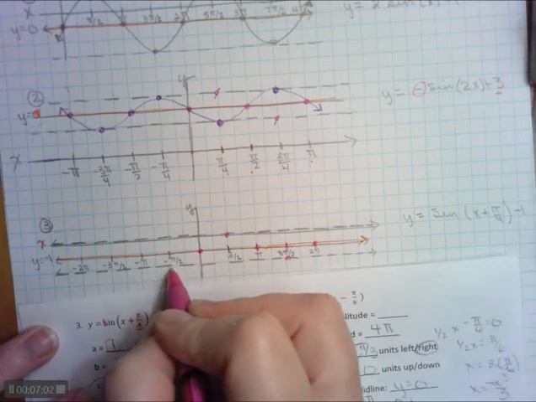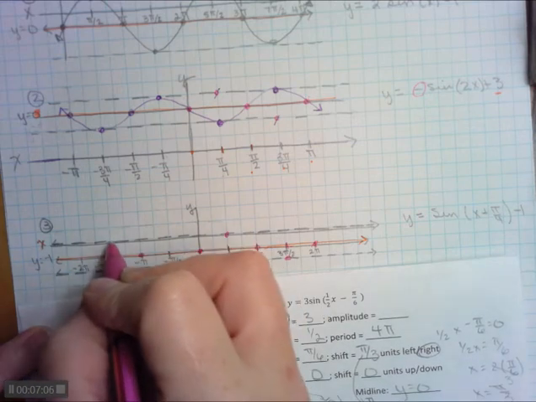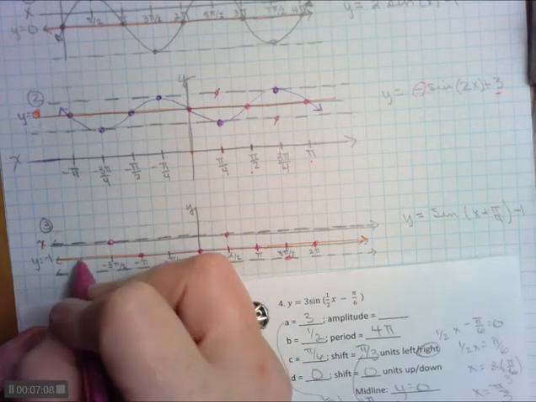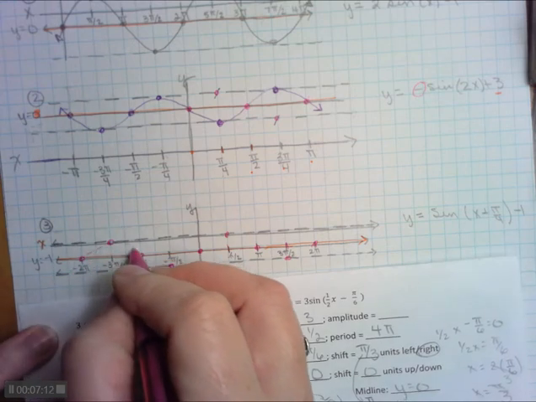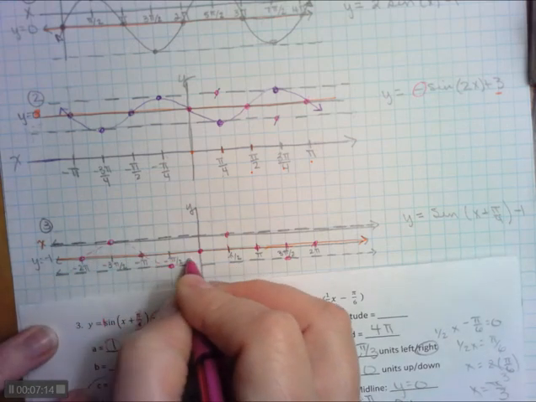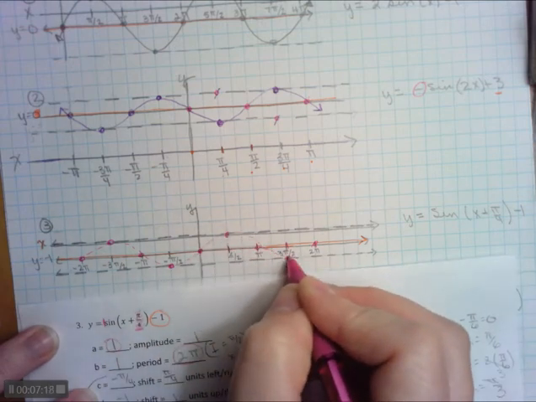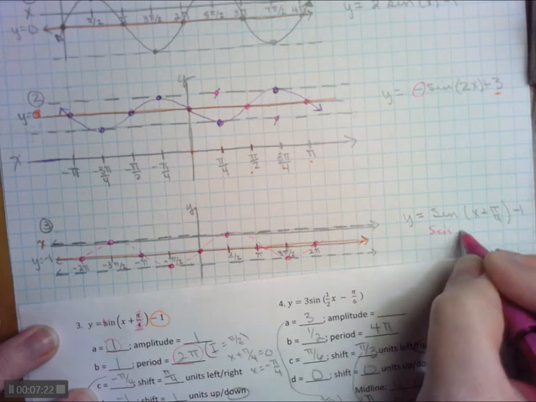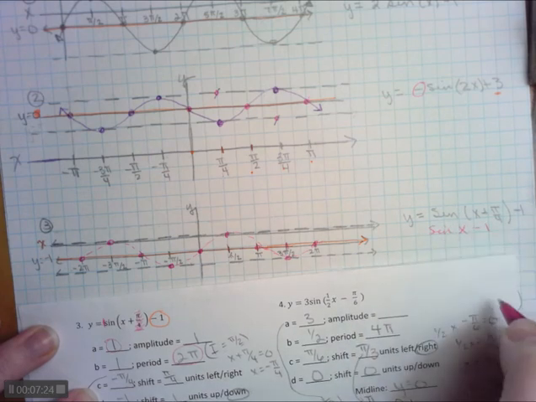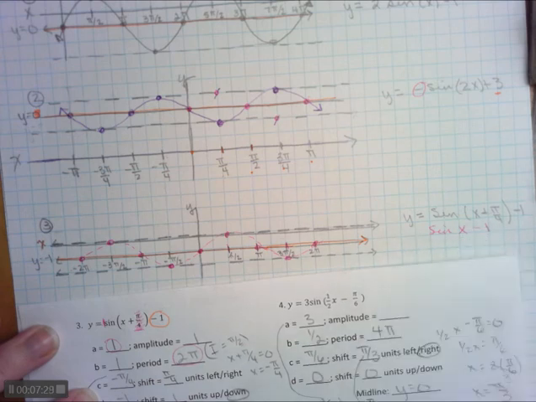To go backwards, it would go down to the bottom, midline, amplitude, midline. Okay, and I'm going to dot this. The reason I'm dotting it, this is what sine of x minus 1 would look like. Okay? That's what's in pink.